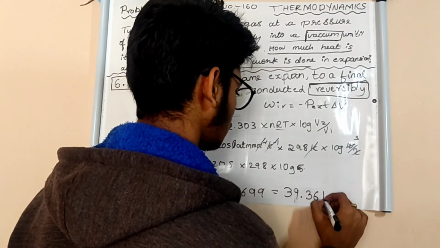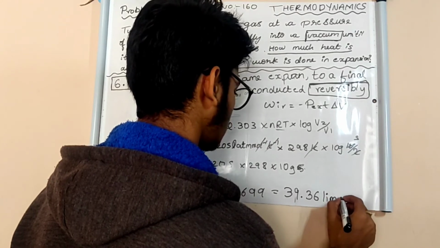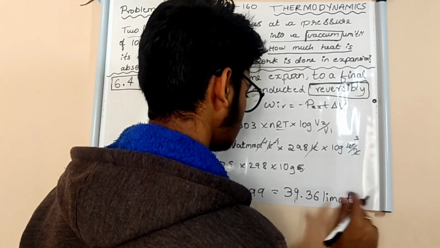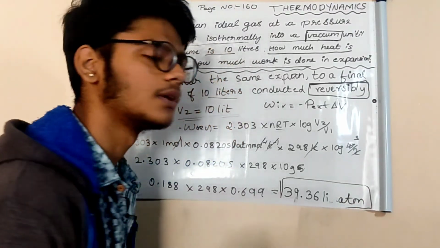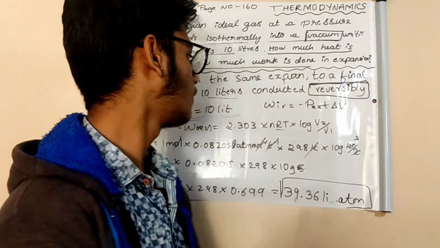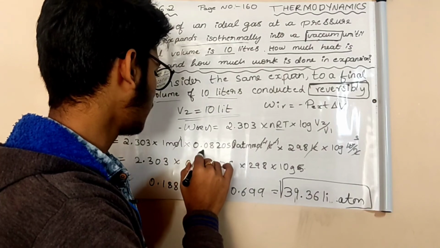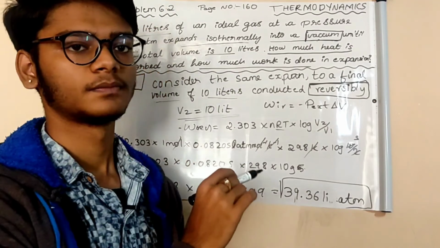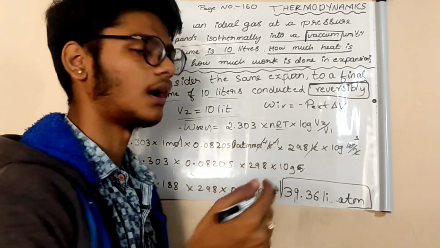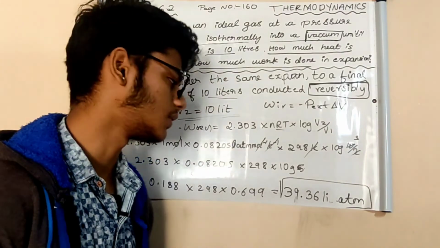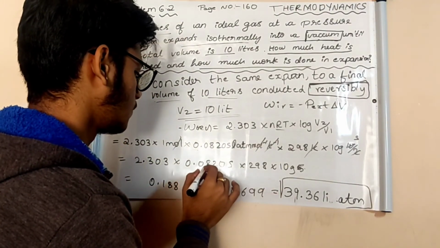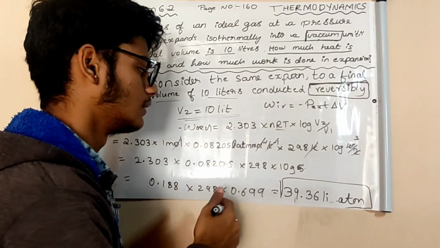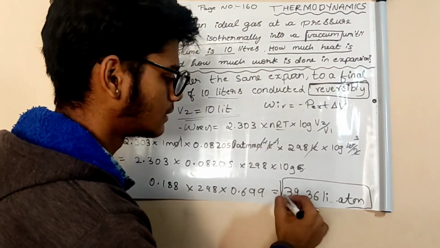Here the remaining unit is liter atm. The answer in the textbook is wrong, I think. They have taken the R value as 0.82, so they have taken the R value wrong. The answer is wrong in the textbook. 0.08205 is the R value, and this is the answer.